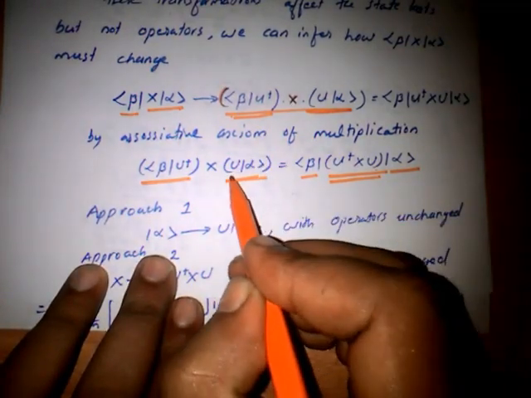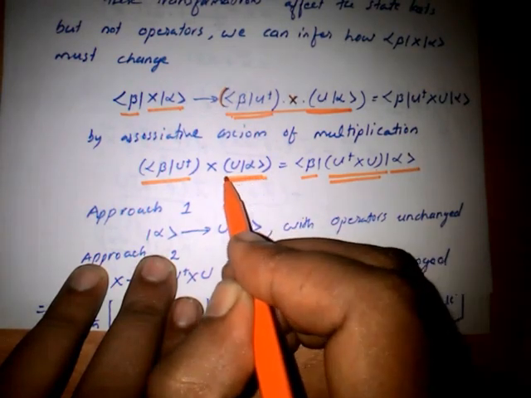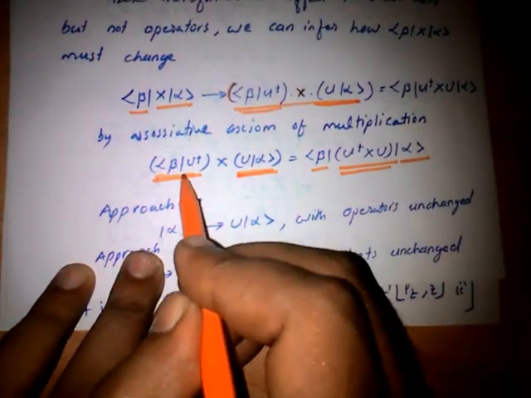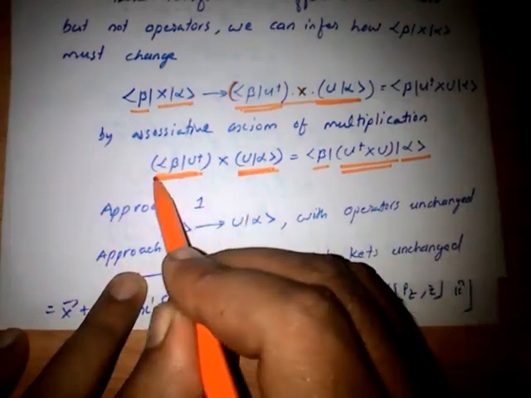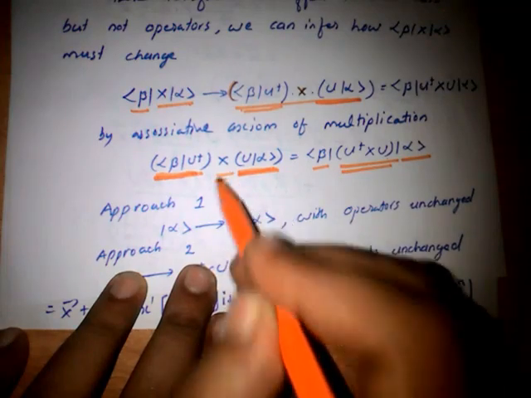Here first we need to transform this state alpha into another state, and this bra beta into another bra, and first of all we are doing these operations, and then we are applying an operator.